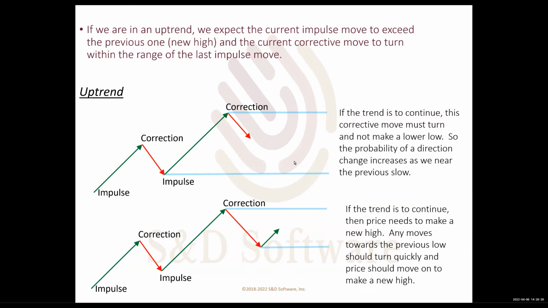And if we just started a new impulse move, often after you get a change from a correction to an impulse move or vice versa, price will want to retest the level at which the change in direction took place. And so if we see price pulling back to that point, the odds of price reversing again and continuing on with the impulse move go up.